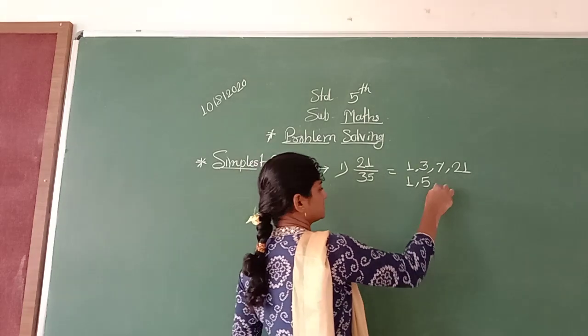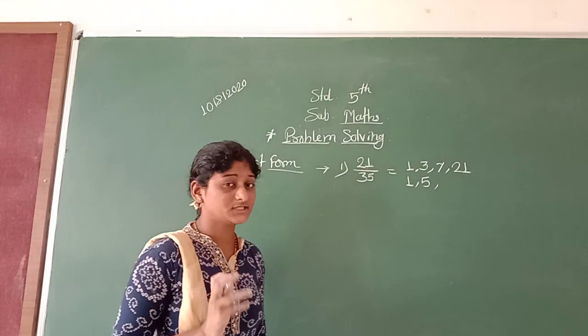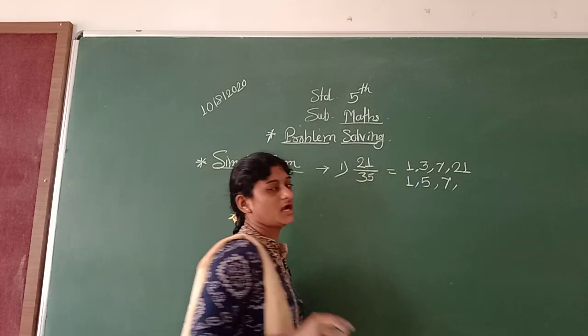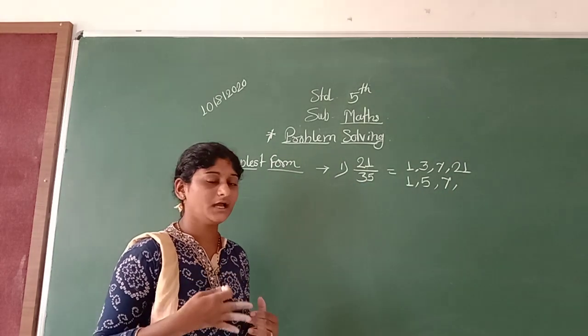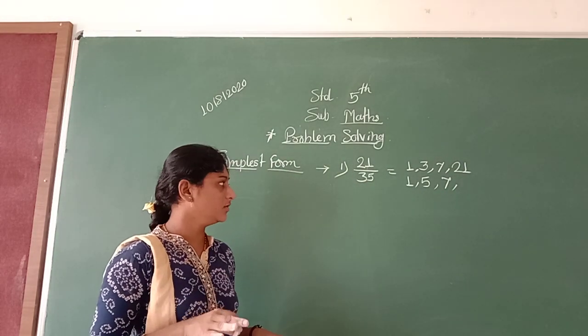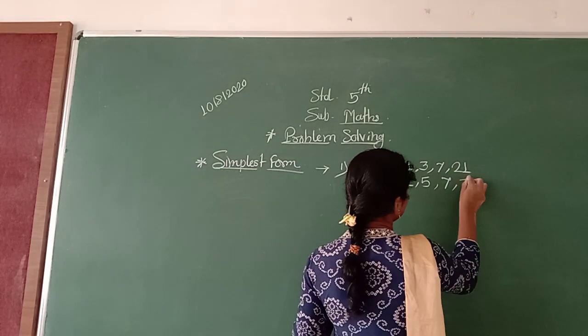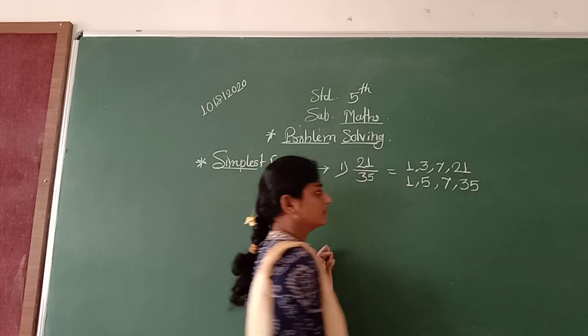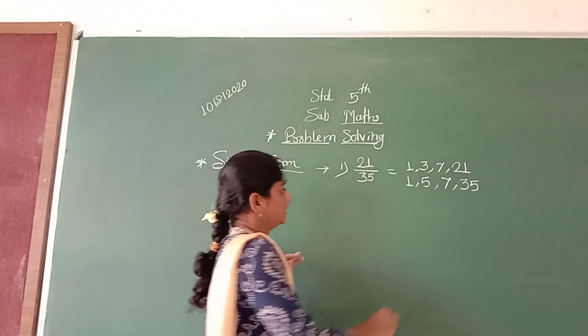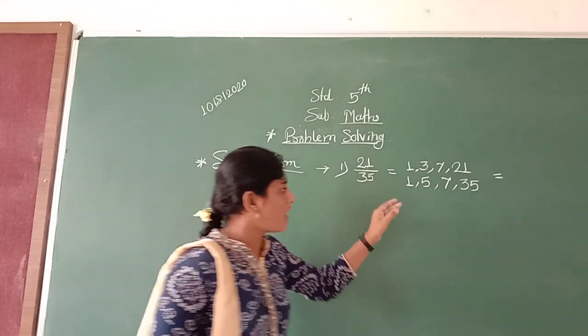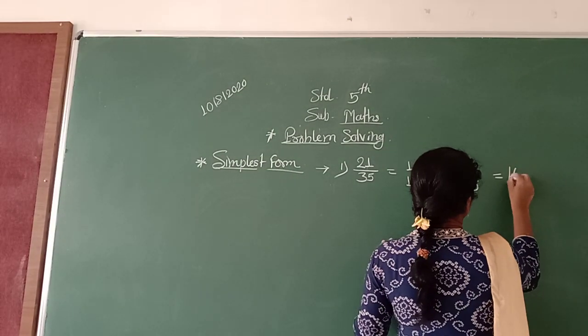Then after 6, in 6's table? No. In 7's table? Yes. 7 fives are 35. After that, in 8, in 9, no. 10, no. 11, 12, 13, no. Directly 35.